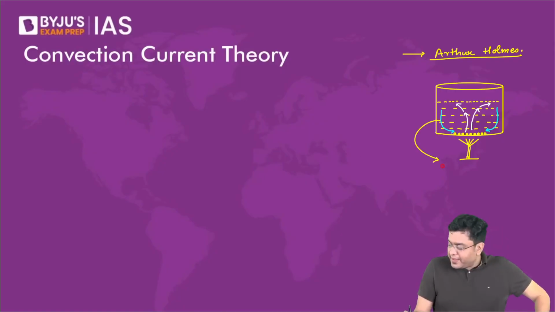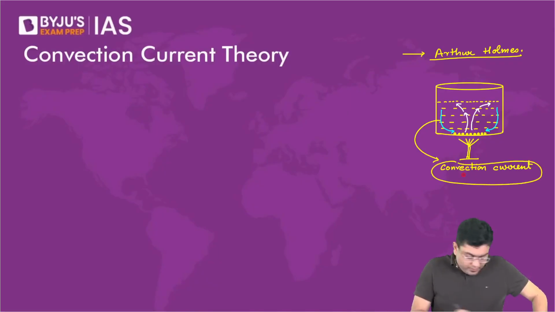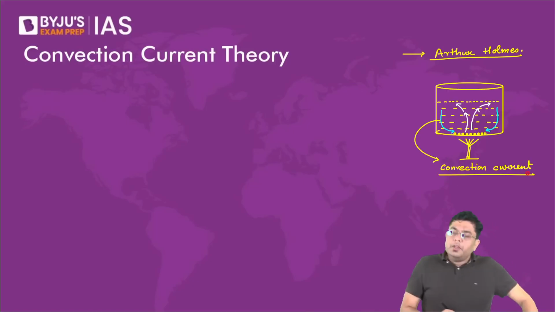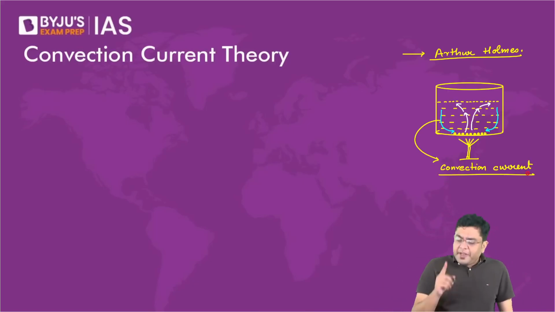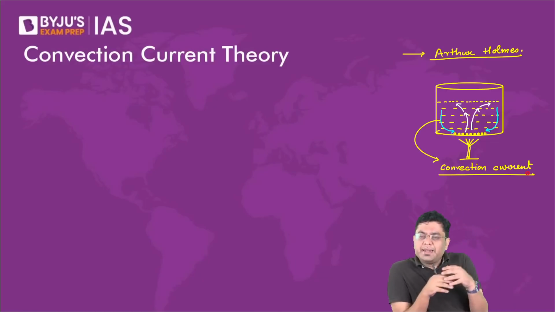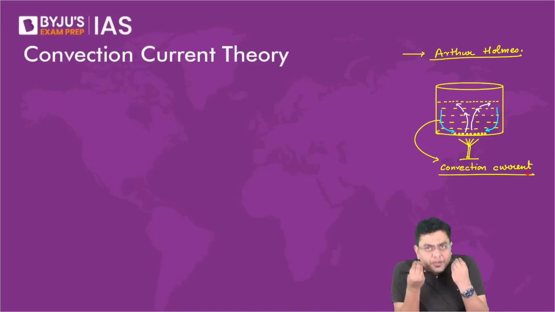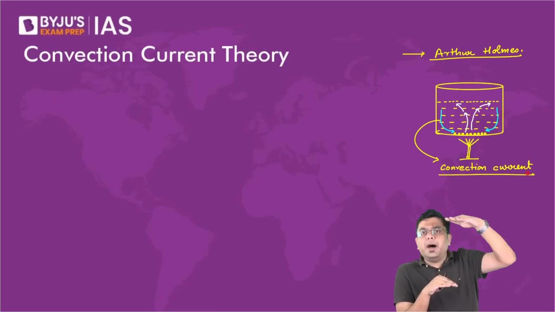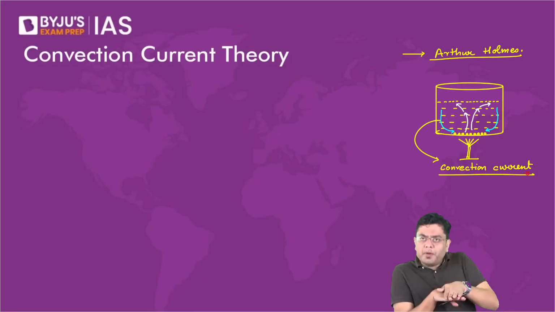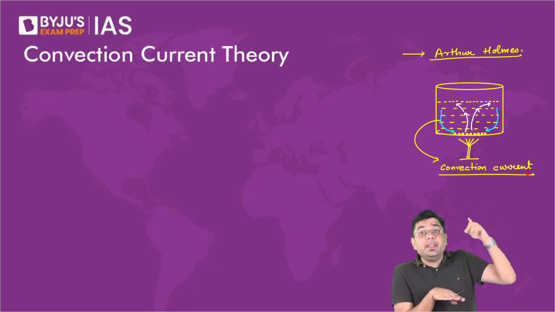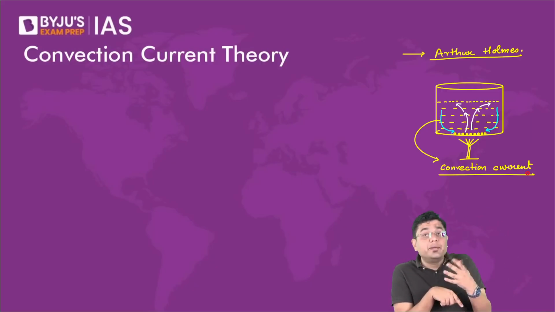In simple terms, a convection current is a manner in which heat is transferred from one region to the other. In this case, from the bottom of the vessel to the top of the vessel, heat is transferred by the movement of the particles. That is what is referred to as convection current.